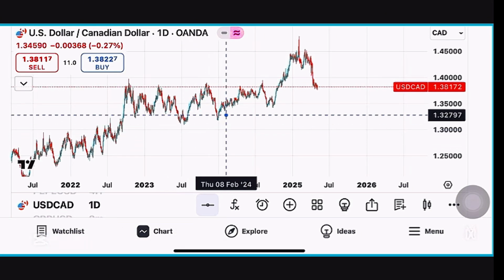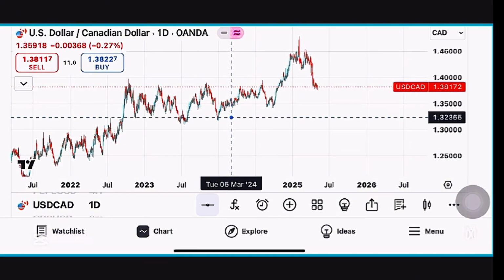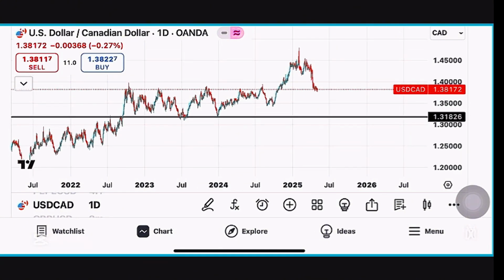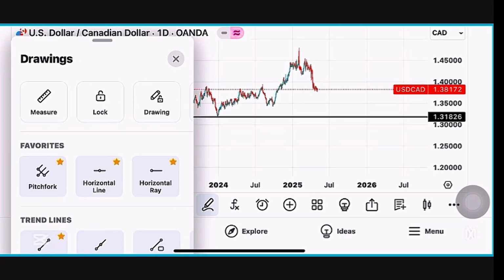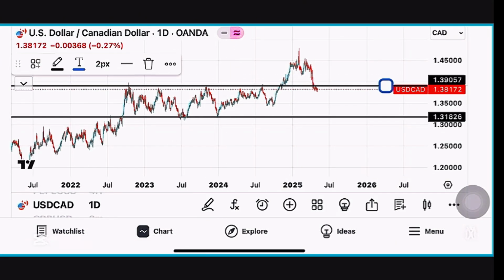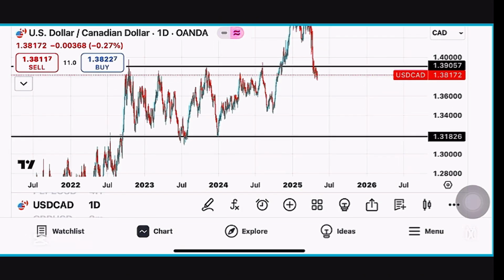So what I'm seeing right here, let's take this level. Let me mark out all these lines. Guys, if you don't know how to mark out these levels, you might go and watch my previous videos on how you can mark out your support and resistance and understand market structure.